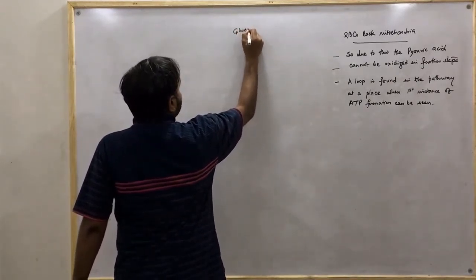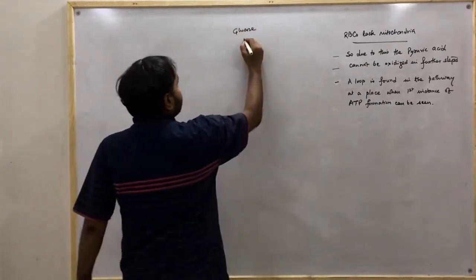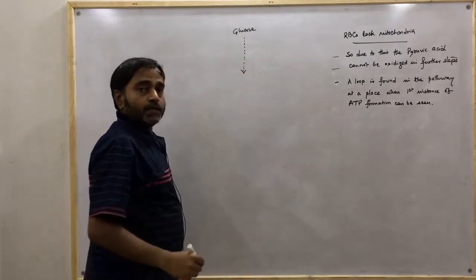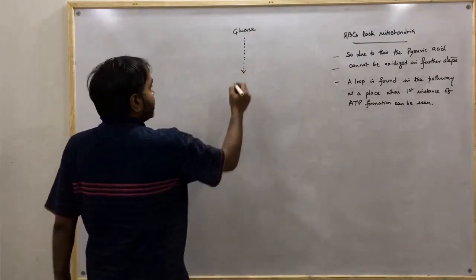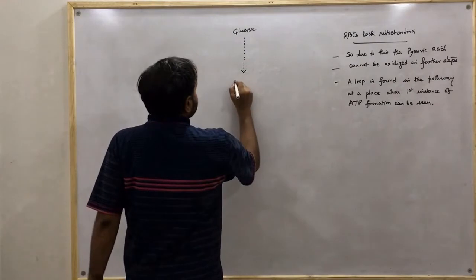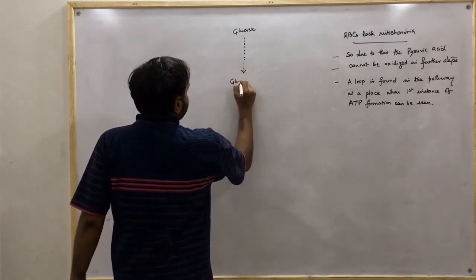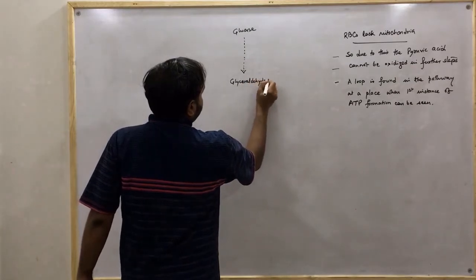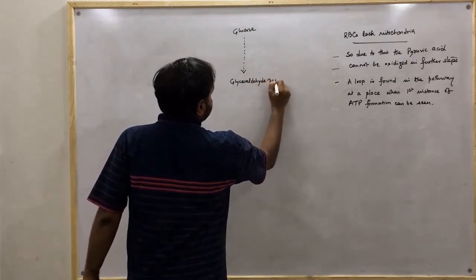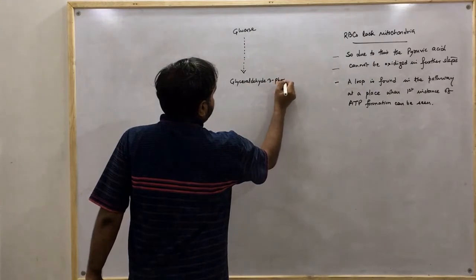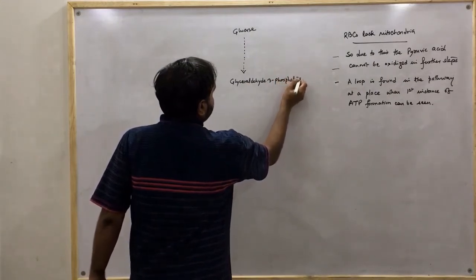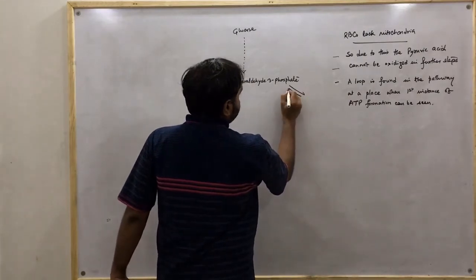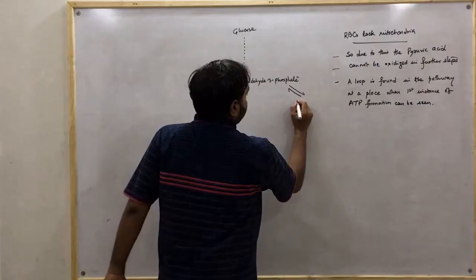Glycolysis starts from glucose, we already know that, and from there the 3 carbon compounds are formed, that is the basic carbon sugars, which is glyceraldehyde 3-phosphate, which is found to be present in equilibrium to that of dihydroxyacetone phosphate.